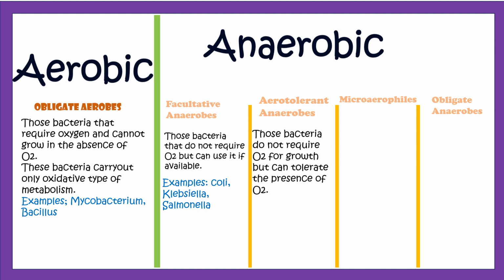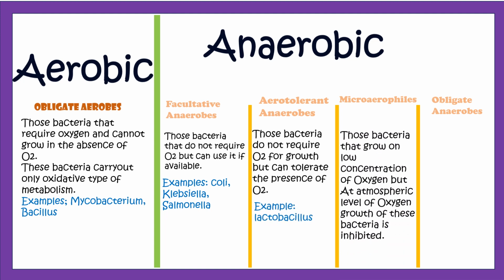Move to the aerotolerant anaerobes. Those bacteria do not require oxygen but can tolerate the presence of O2. An example is Lactobacillus. Move to the microaerophiles, those bacteria that can grow in low concentration of oxygen, but at atmospheric level of oxygen their growth is inhibited.